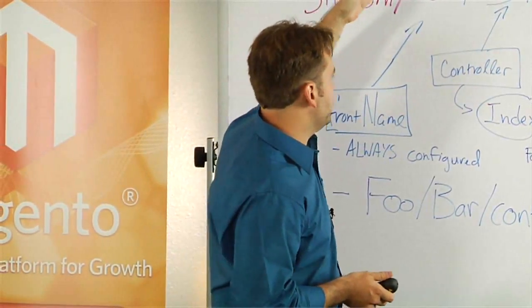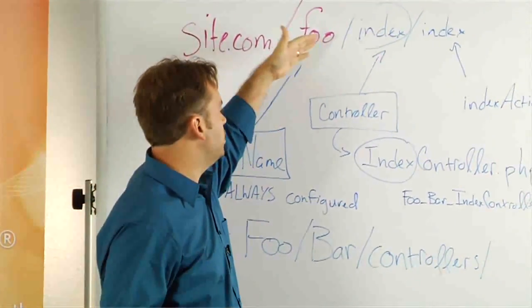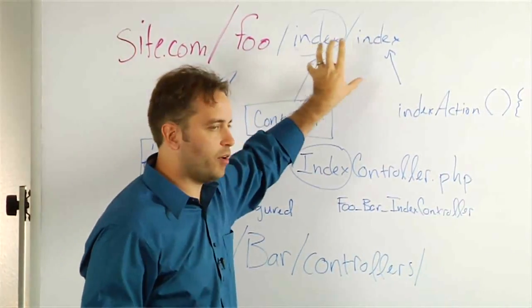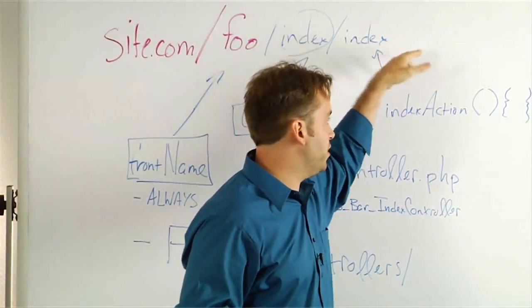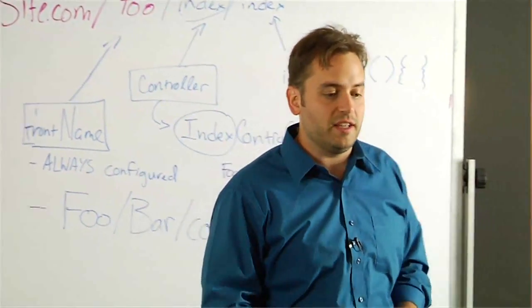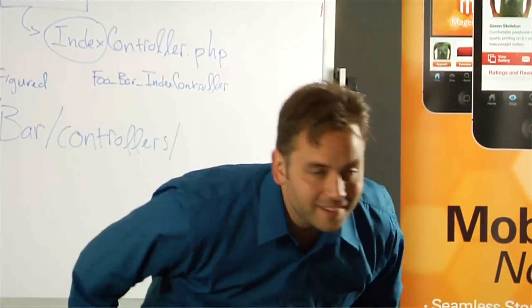Again, you would read it as front name, module and configuration to controller file, and then eventually this piece here will be the action. It makes a lot more sense once we start working with it, I think.